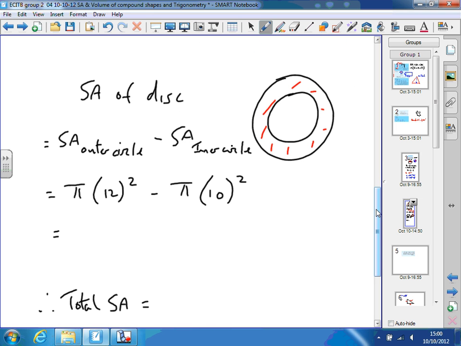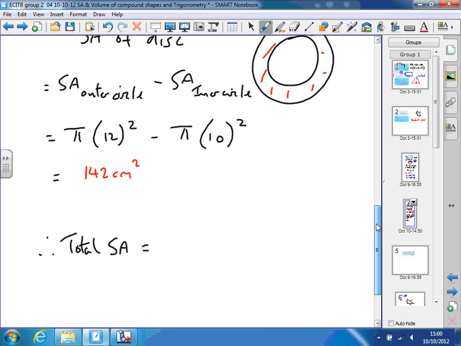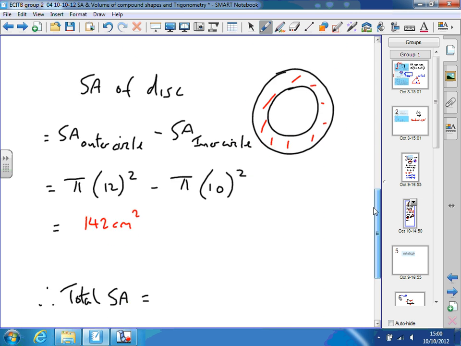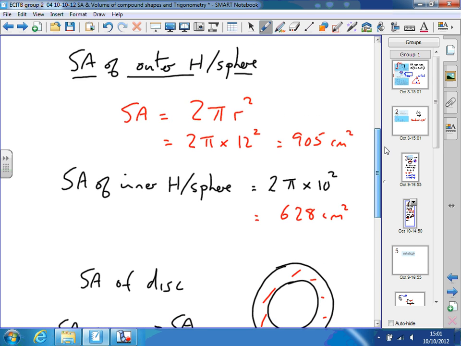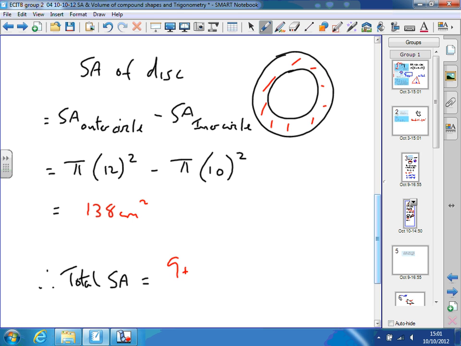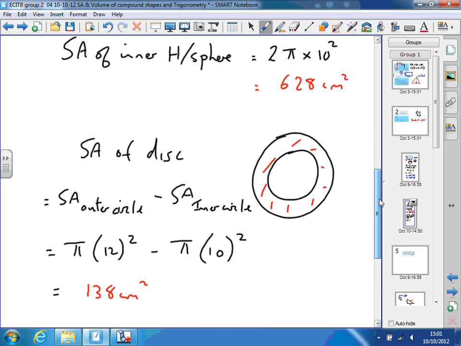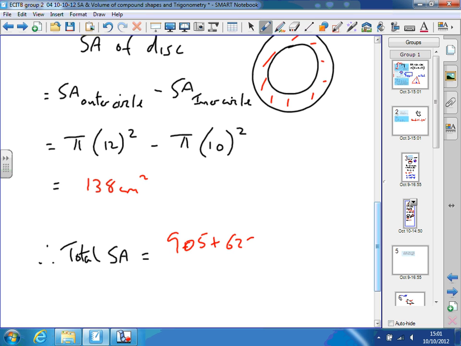And the surface area of the disk is square centimeters. So therefore you add them all together. Have another look at that then, George. So you add them all together, 905 plus 628 plus 138, and you get the total surface area. Can you work that out?